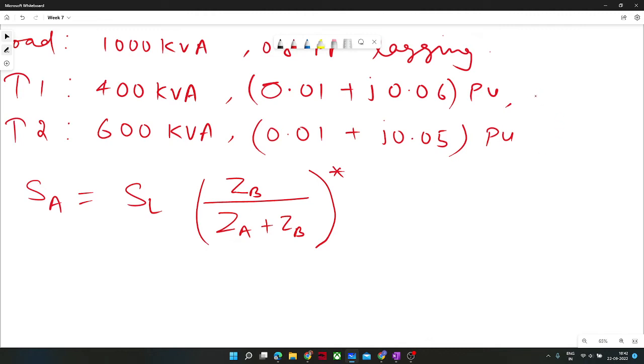So its power factor angle, phi 1, is 80.53 degrees.